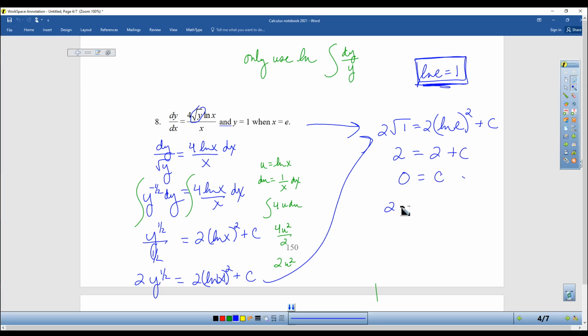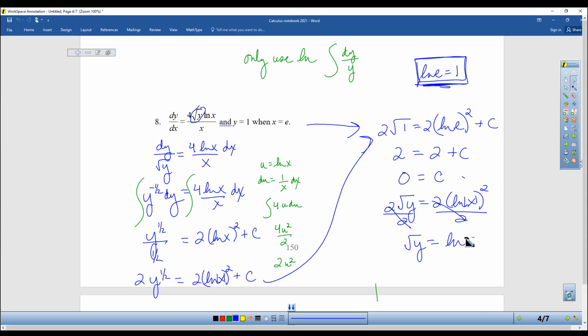So I get 2 square roots of y is equal to 2 ln of x, absolute value if you choose, squared plus 0. I can divide both sides by 2, and I get square root of y is equal to ln of x squared.